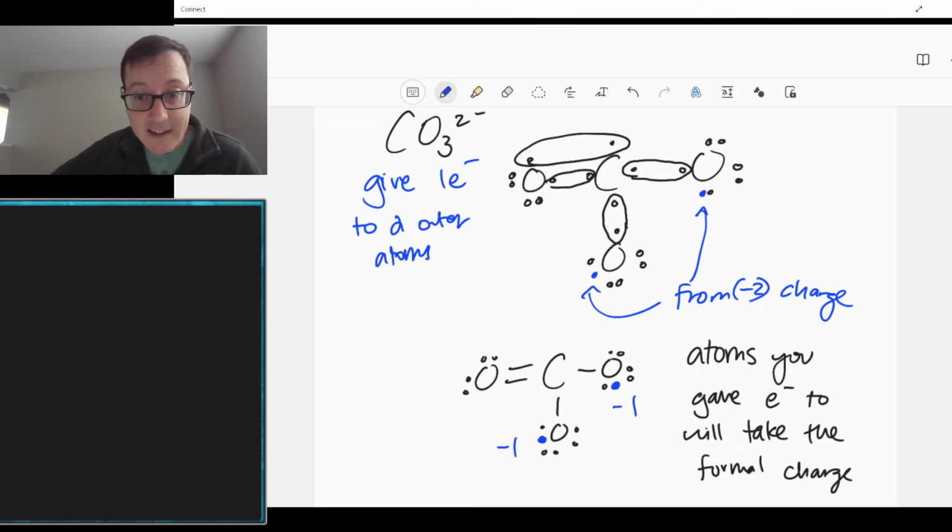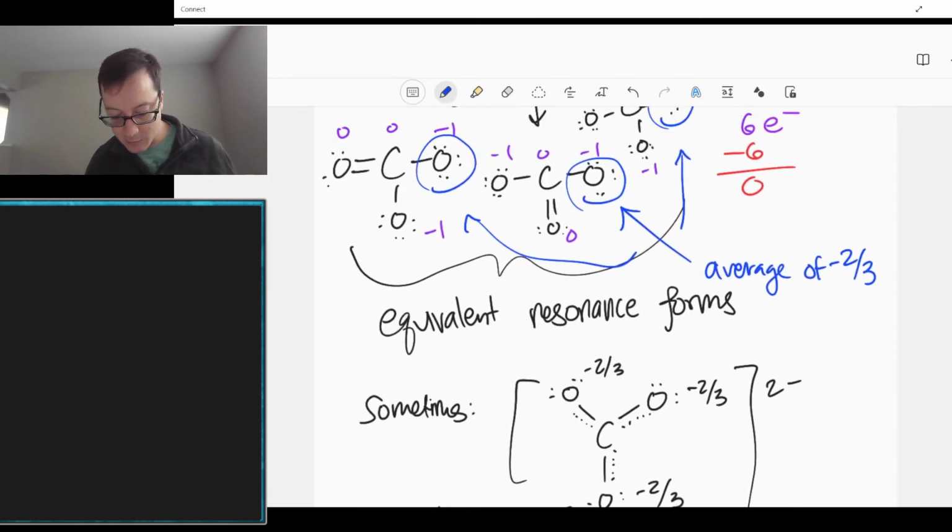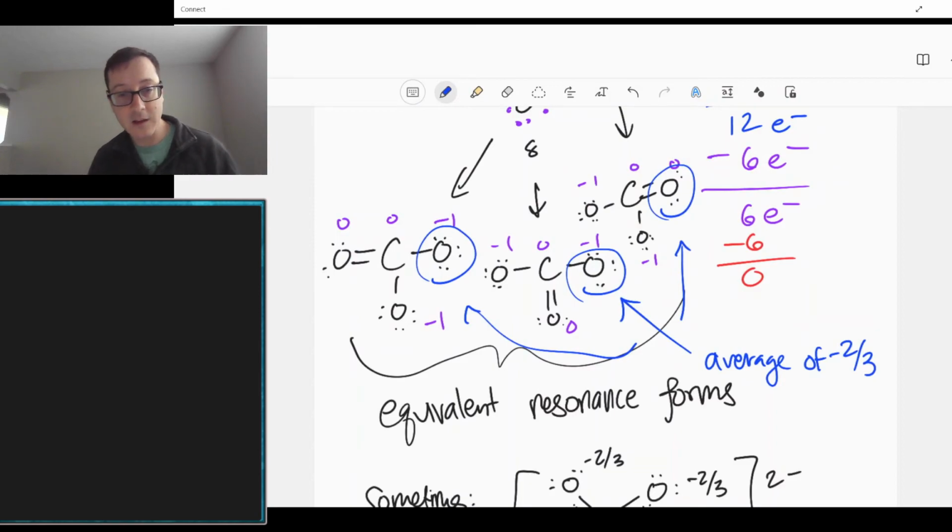So I think it's an easier method, faster, minimizes them automatically, and even so, it will tell you where those formal charges are. Whereas with this one, we would still need to calculate where our formal charges happen to be.